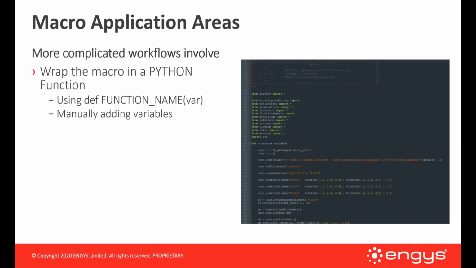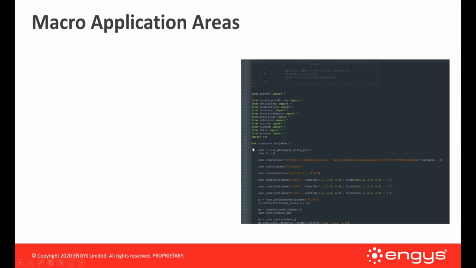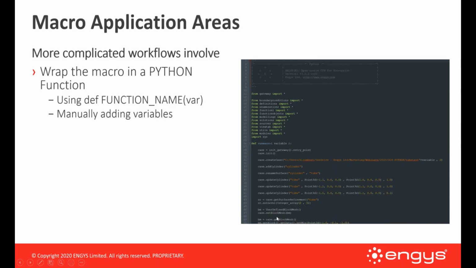So there's also more complicated workflows. More complicated workflows would involve wrapping a macro in a Python function. So right here, you can see that I've wrapped this macro that I've written in a Python function, and I'm passing it some variable. And then within this variable, we can use it to, say, append a case name.